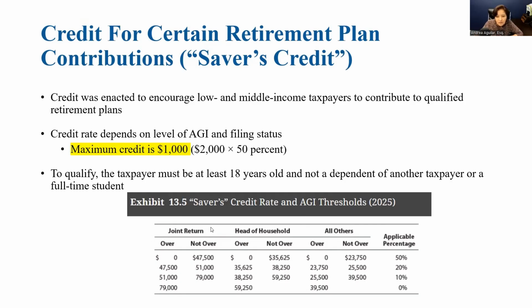Okay, so what happens if you were preparing a tax return for a couple filing jointly and they had $80,000 of adjusted gross income, and they made a contribution of $2,000 to their retirement account?